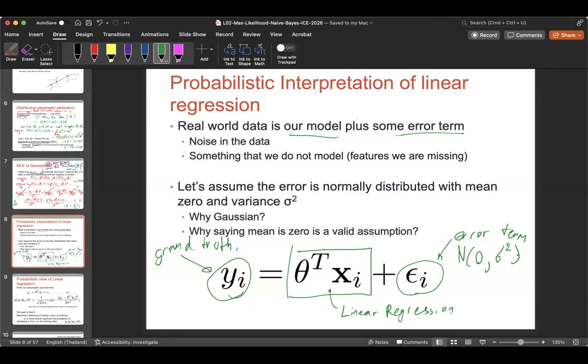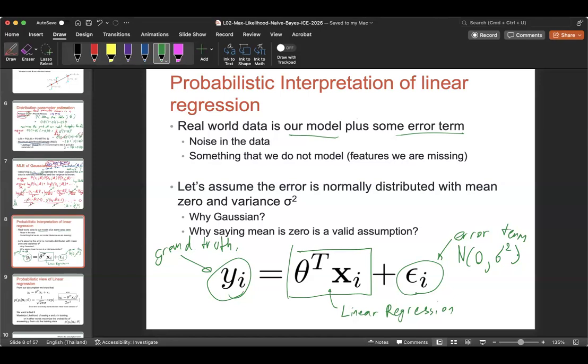That is like assuming the error of our model being some Gaussian distribution. Is it a very restrictive assumption? Is this assumption valid, or is this assumption bogus and our modeling of the world is strange?